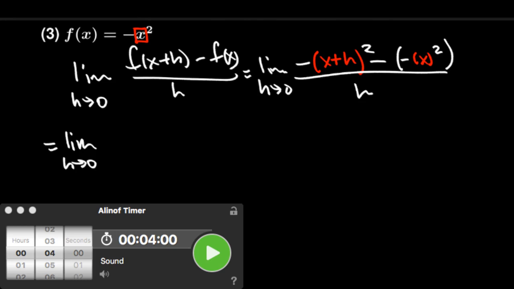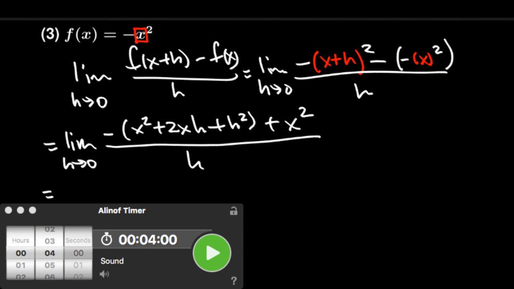Okay, so anyways, look at this. What happens then is that the negative happens outside, and then we get whatever this is on the inside. And here minus negative, that's plus. All divided by h. And then remember to distribute the negative the entire way.